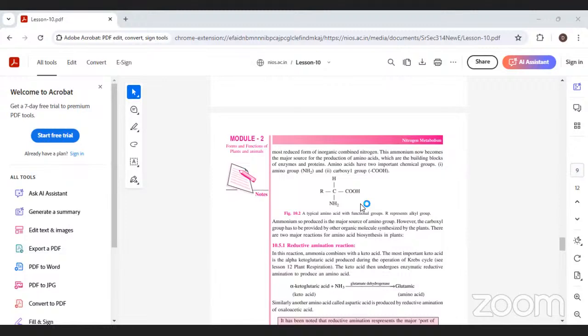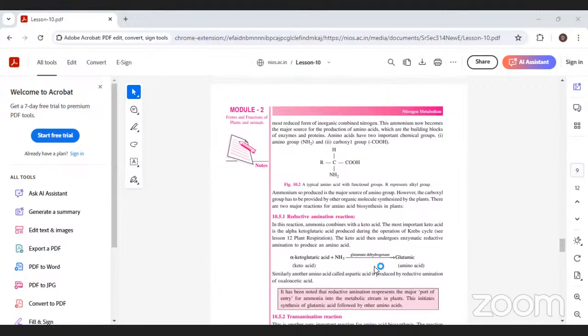There are two major reactions in amino acid biosynthesis. The first one is reductive amination. Reductive amination represents the major path of entry for ammonia into the metabolic stream in plants.